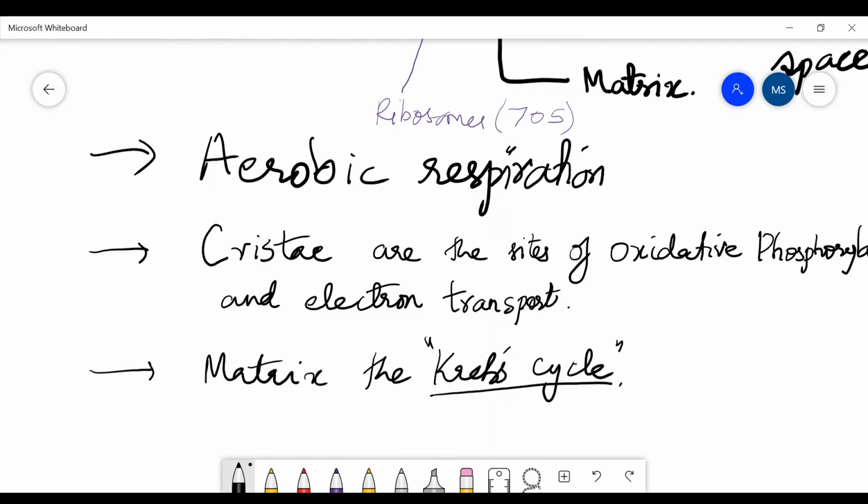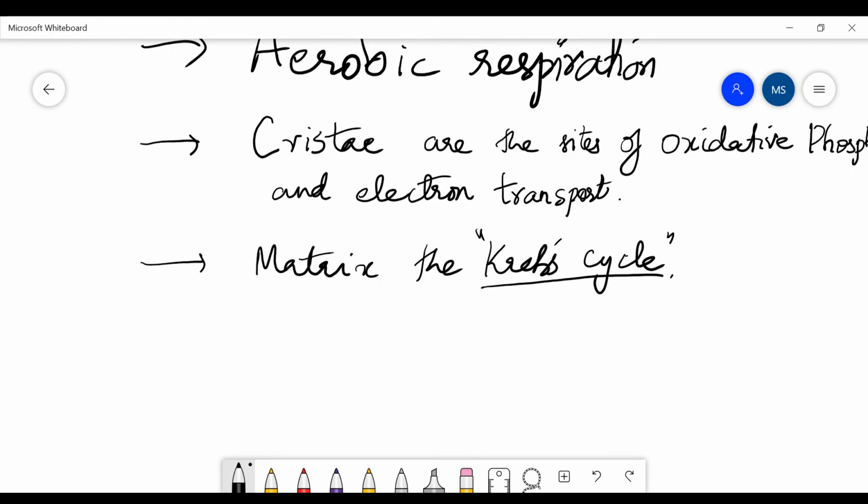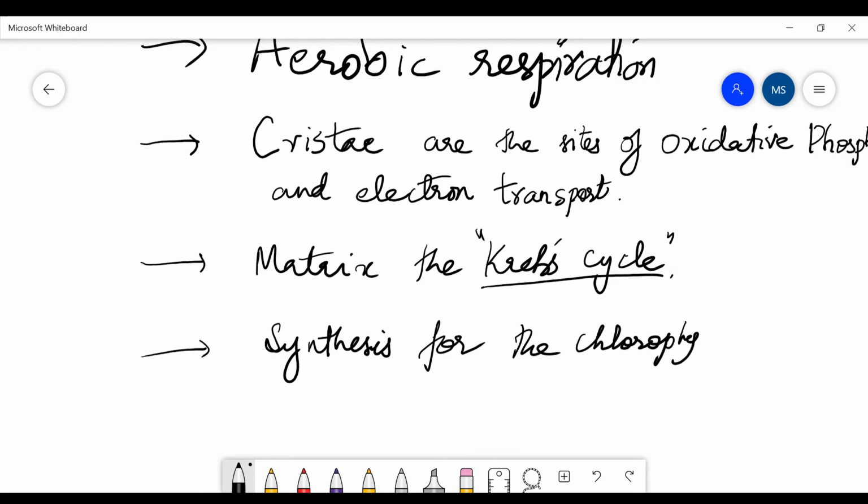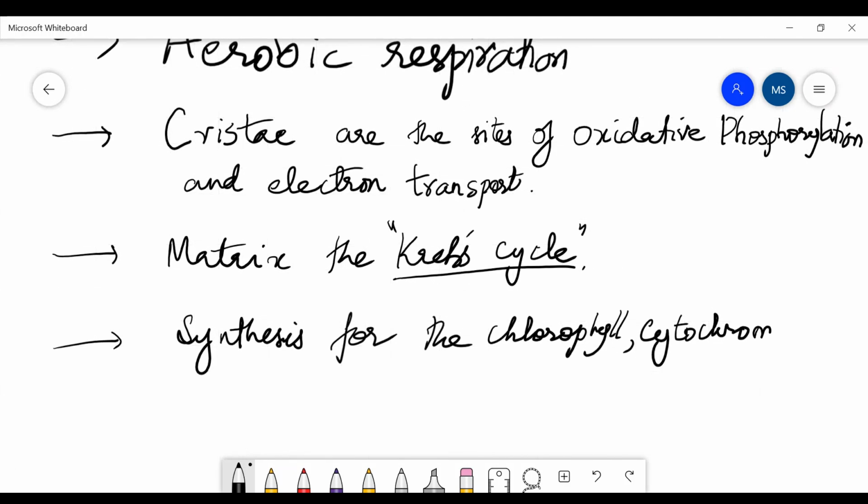With the help of this cycle, ATP molecules are generated in large numbers. Mitochondria also provide intermediates for the synthesis of chlorophyll, and not only chlorophyll, but also other pigments like cytochromes, and pyrimidines.